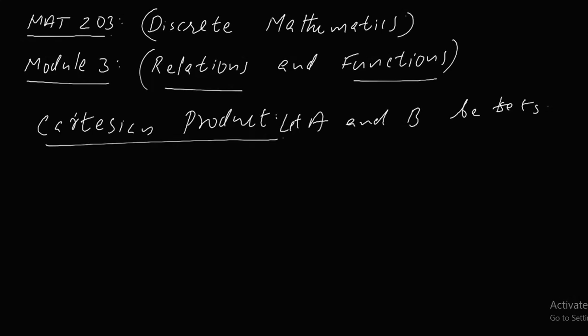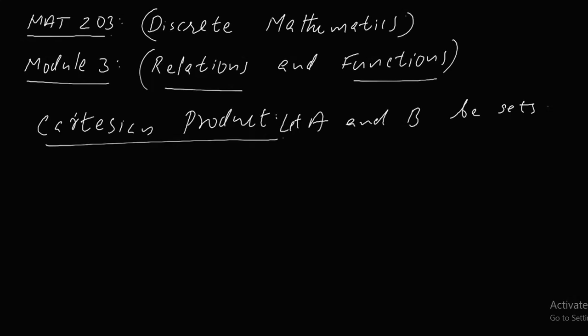Sets in the sense that A and B contain numbers. They can be integers, real numbers, complex numbers, whatever. The number of elements in A and B may be finite or infinite, depending on the case.